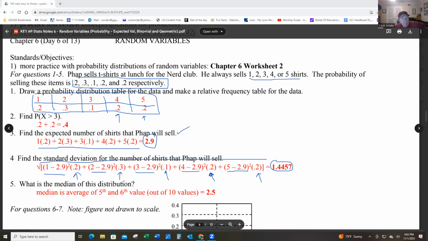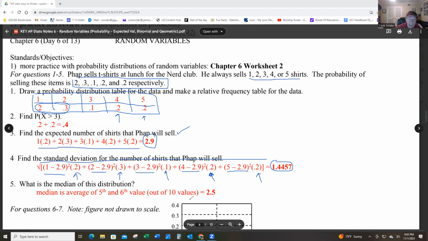Now, number 5 is the median of the distribution. The median is the 50th and 51st percentile averaged. In this case, it's kind of interesting because if you add these 0.2 and 0.3, these two that I'm circling, that makes 0.5. So if this was in percentiles, the 50th percentile would be a 2, and the 51st percentile would be a 3.